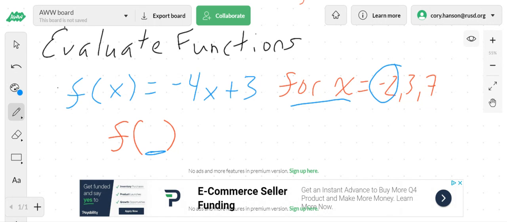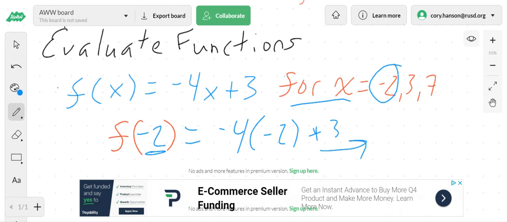So to find what the y value will be, the output, the f of x, we're going to do f of negative 2. We're saying when this function has negative 2 as the input, what are we going to get out? We substitute with parentheses, a negative. Actually, no, I'm not going to do it that way, that's sloppy.